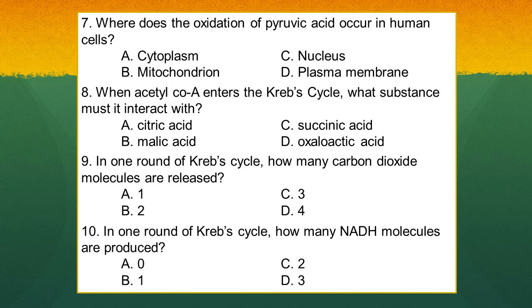Number 9. In one round of the Krebs cycle, how many carbon dioxide molecules are released? A. 1, B. 2, C. 3, D. 4. Number 10. In one round of the Krebs cycle, how many NADH molecules are produced? A. 0, B. 1, C. 2, D. 3.